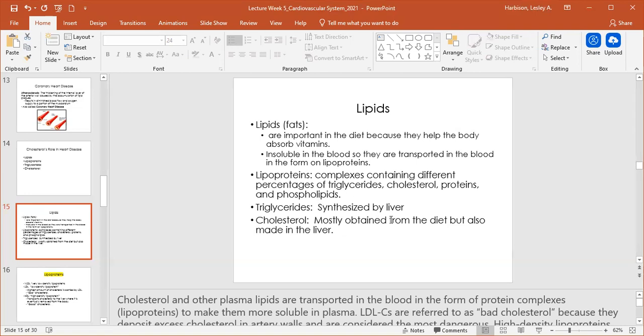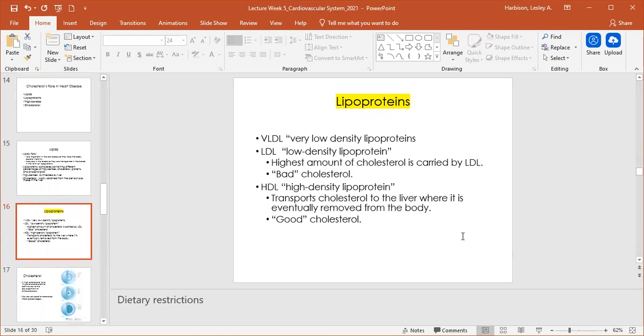Triglycerides are synthesized by the liver, and cholesterol is mostly obtained from the diet, but our bodies do make some in the liver because we do have a systemic need for cholesterol. Generally we get far more than we need through the diet. So the different types of lipoproteins: you have the very low density lipoproteins, or VLDL.